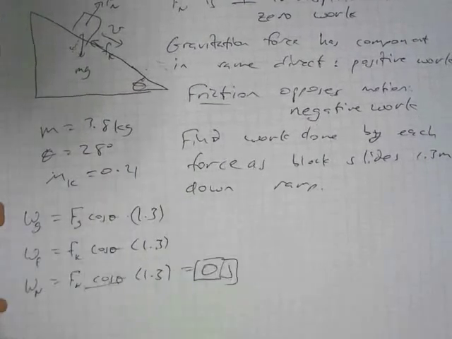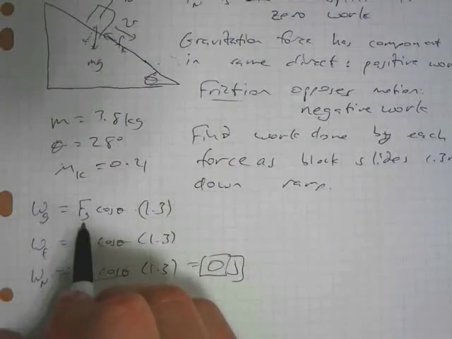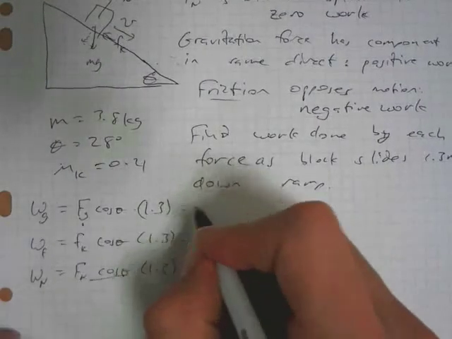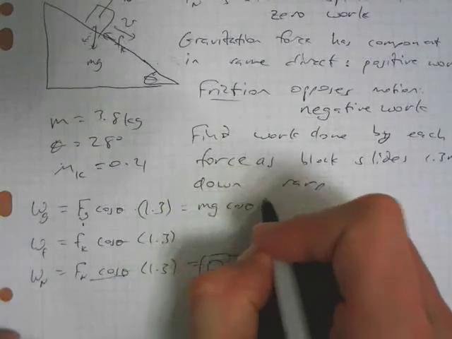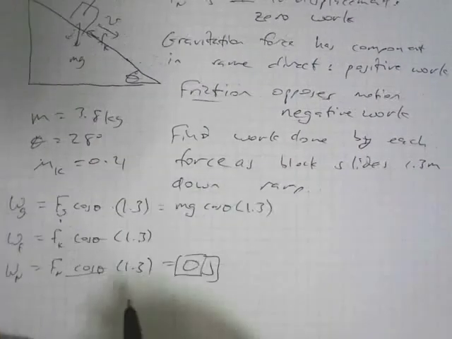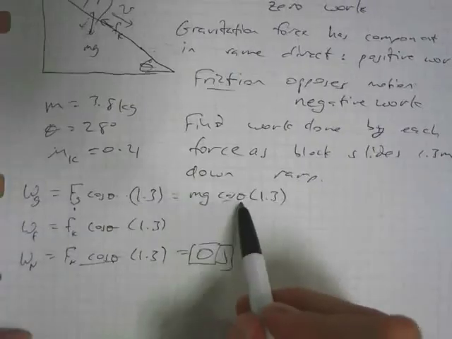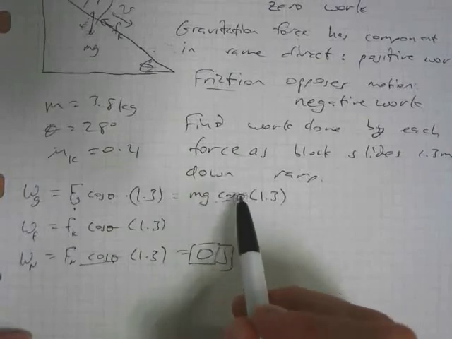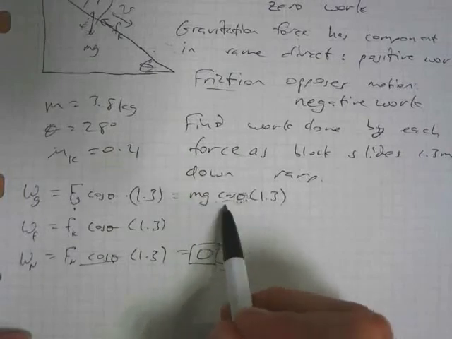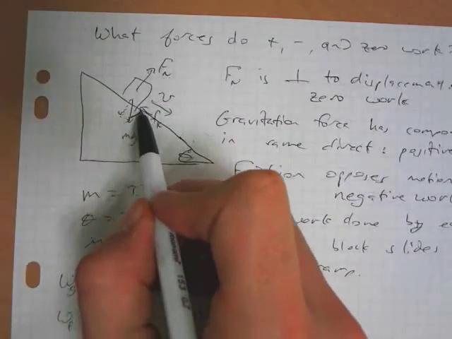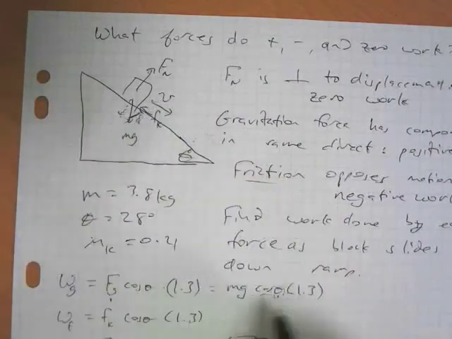Gravitational force: we know the magnitude is mg. The trick is, what is this cosine theta? This theta, remember, is the angle between the force and the displacement. The angle between the force and the displacement is this guy. So that is the angle that goes in there.